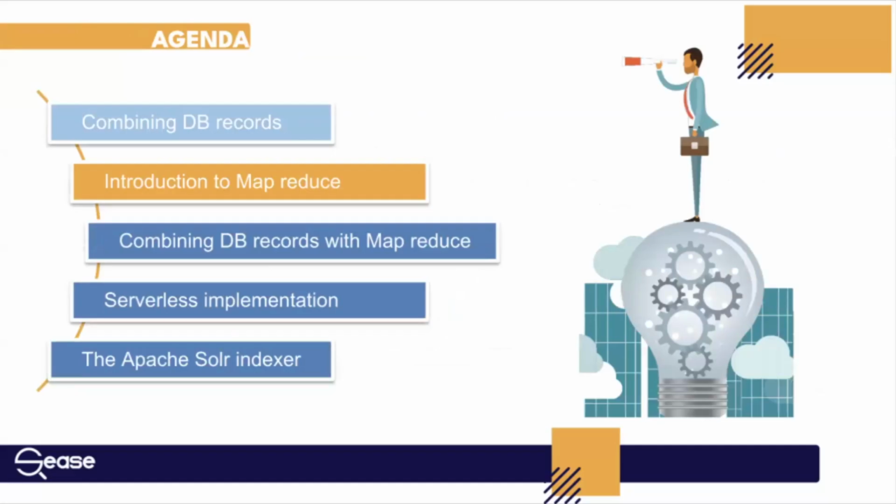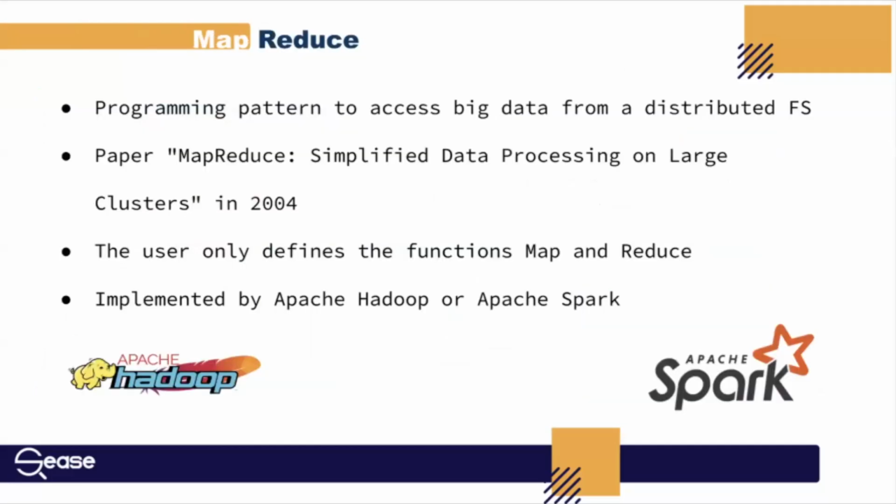So as you can imagine, we proceeded with MapReduce. What is MapReduce? MapReduce is a programming pattern to access and process big data over a distributed file system. It was introduced in 2004 by Google engineers, if I'm not mistaken, in the paper "Simplified Data Processing on Large Clusters".